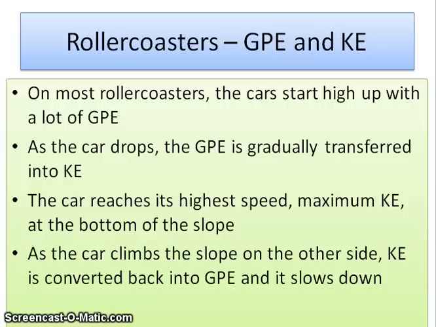When the roller coaster cars move from these drops, their gravitational potential energy is converted into kinetic energy. Bigger drops cause a larger change in gravitational potential energy, and they provide a greater increase in kinetic energy, which is what people want, because it's all about the thrill of the ride.